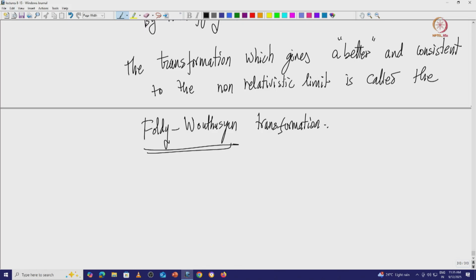Okay. So now I will just write down this Foldy-Wouthuysen transformation.